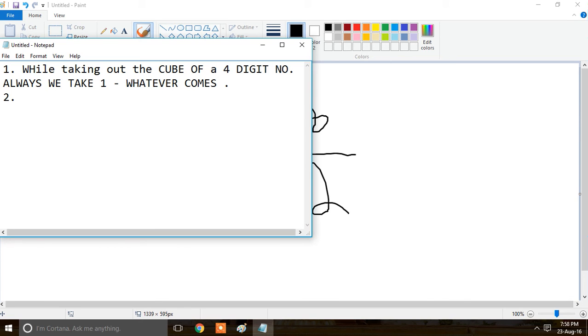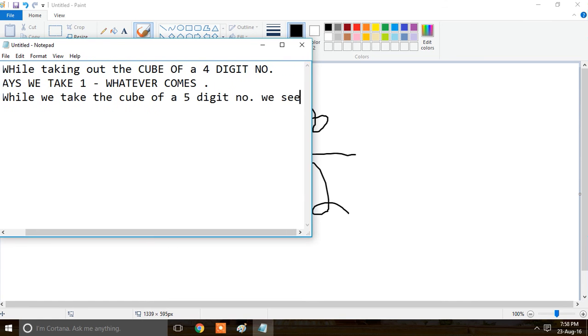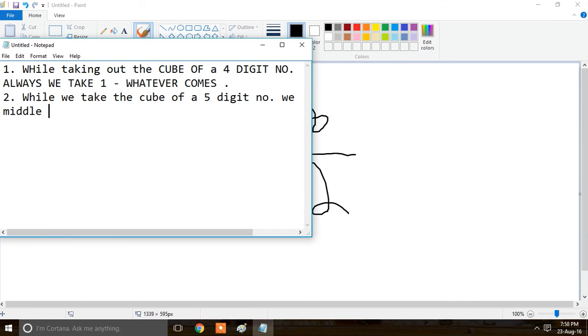And the second point, while we take the cube root of a 5-digit number, we see the middle number and the after number.